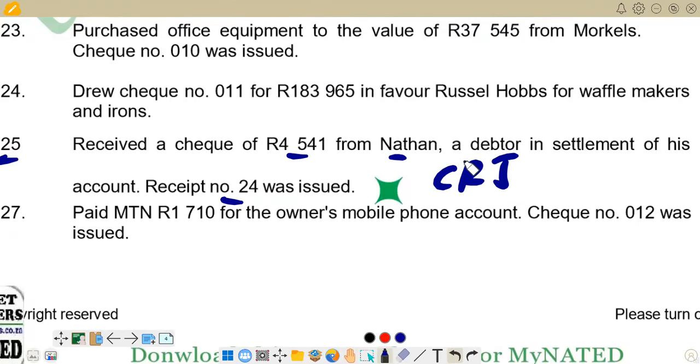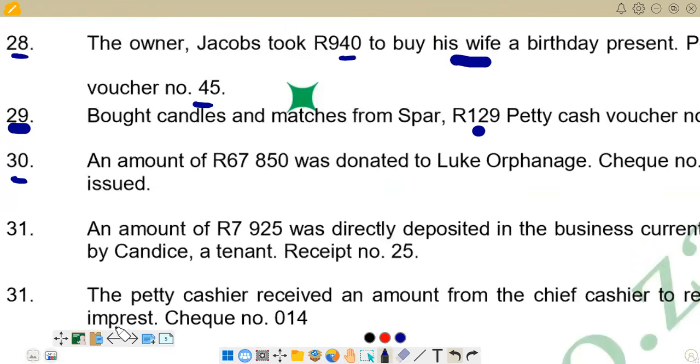We have received a check of 4,541 from Nathan Data. Then we entered this one, and now we are on the last part, which is here.